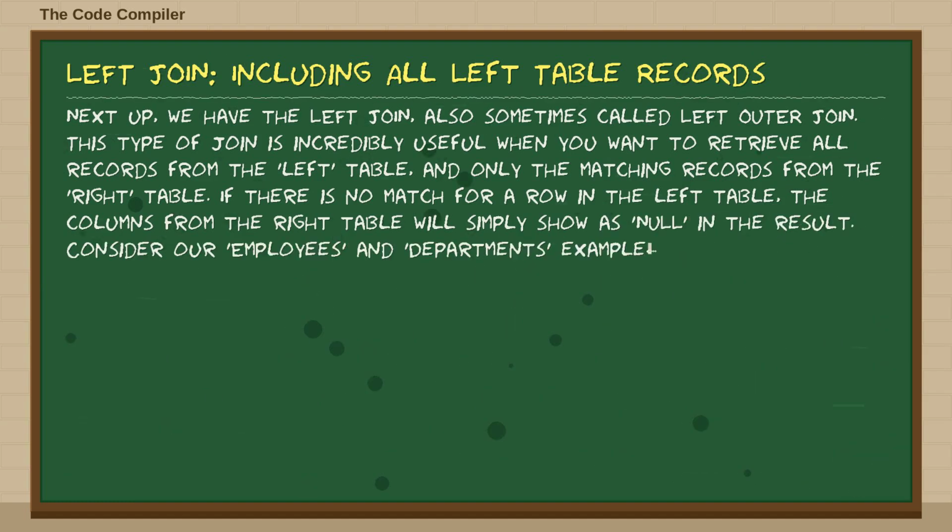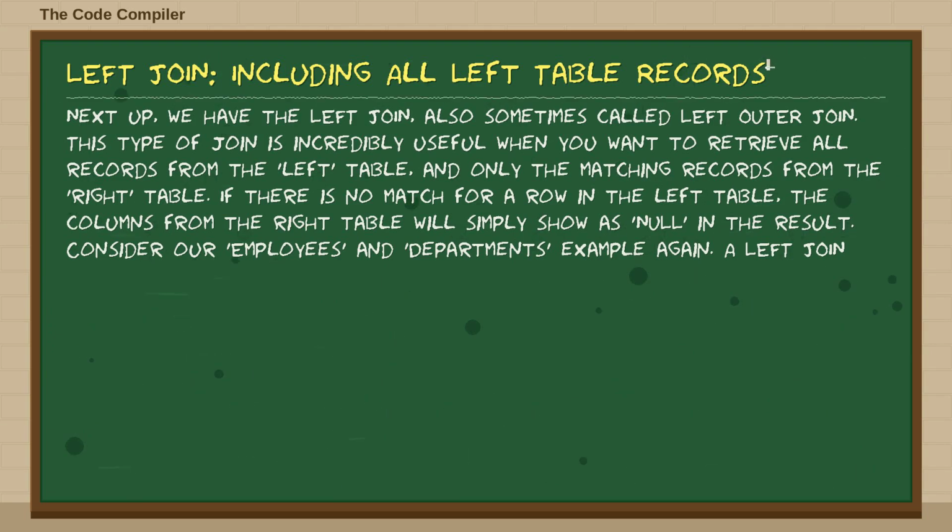Consider our employees and departments example again. A left join would list every single employee, even those who might not have an assigned department, alongside their department details if available. This ensures that no data from your primary table, the left one, is lost.